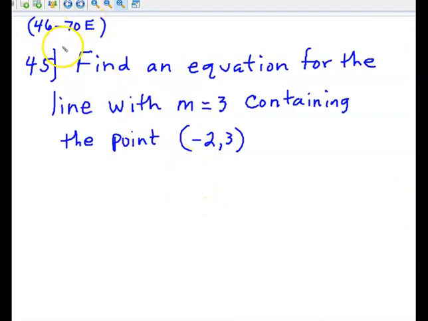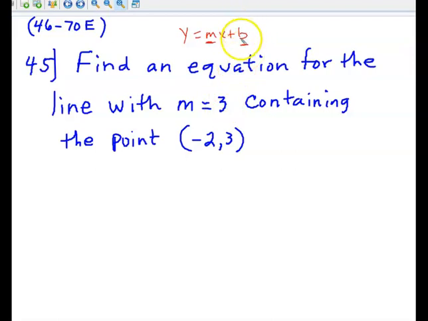The rest of your problems are going to be you being given information about a line, and then you just have to come up with the equation. Again, all of your equations are going to be in slope-intercept form. Let's take a look at 45 here. Find an equation for the line with slope of 3 that contains the point negative 2, 3. There are basically two numbers that we need for writing this equation. We need the slope, which we have.